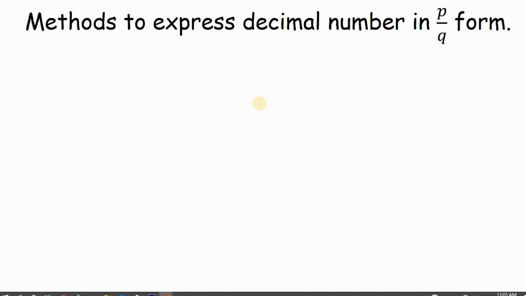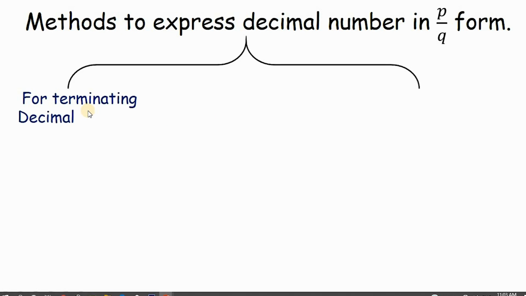The decimal expansions of rational numbers are usually classified into two groups. The first part is for terminating decimal numbers, the rational numbers which have terminating decimals, and we can express these numbers in the form p by q.